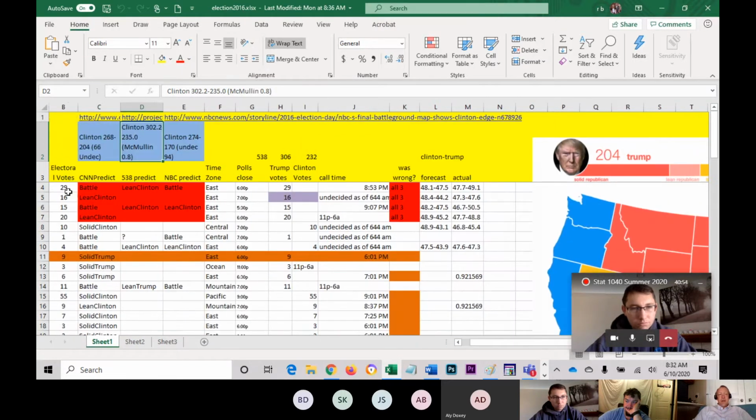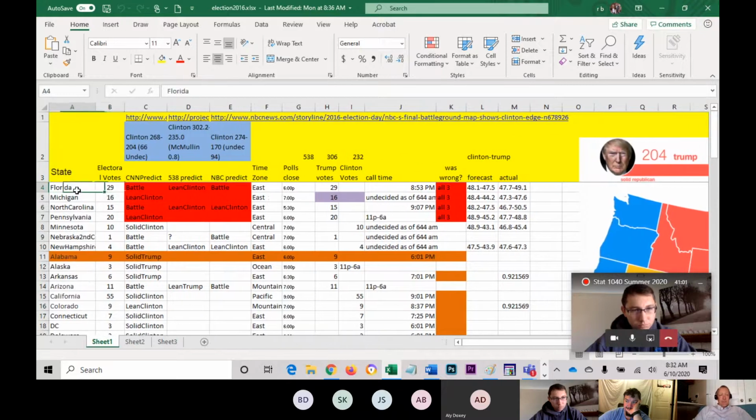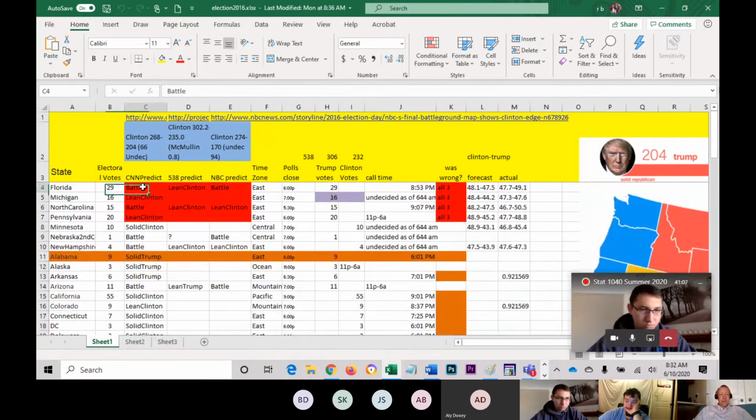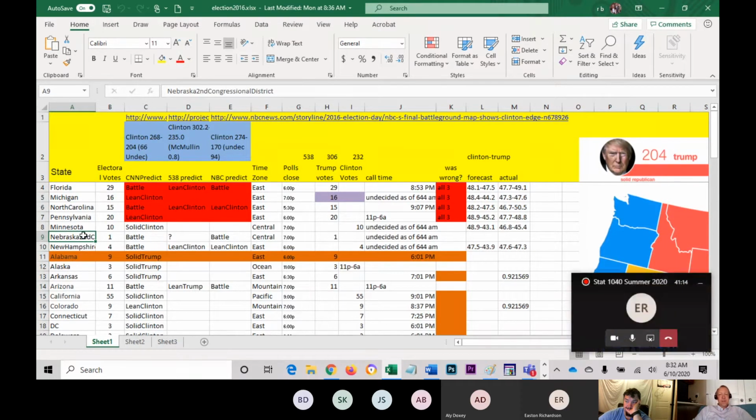Now, as we're looking at this, think of every state here. Florida, Michigan. So I got these all sorted. Now, there were 4 states that they got wrong. So think of these 50 states as 50 different random samples.